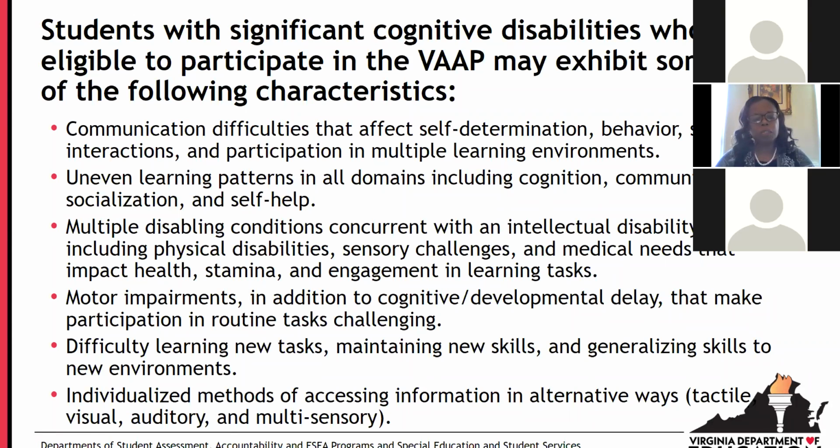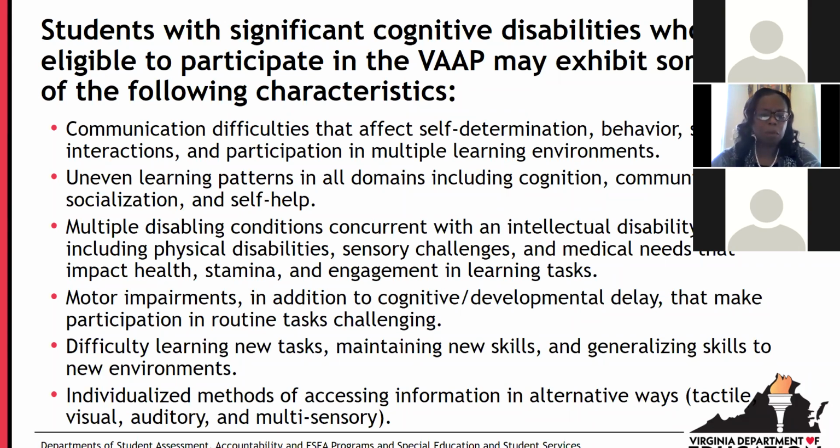The third bullet here on your slide was a characteristic that I saw with at least 2 of the students that were in my classroom, where there were other disabilities that occurred concurrently with their intellectual needs.